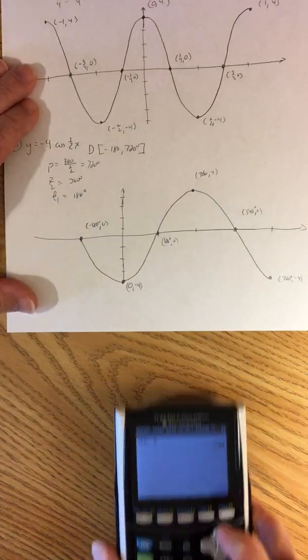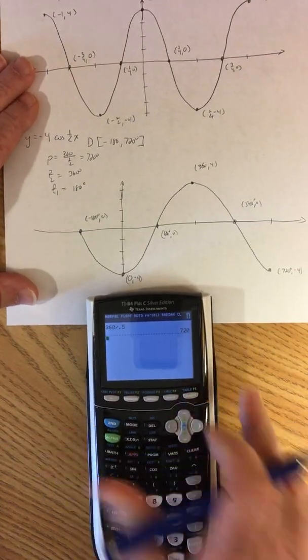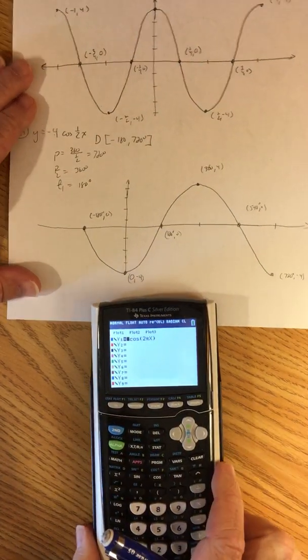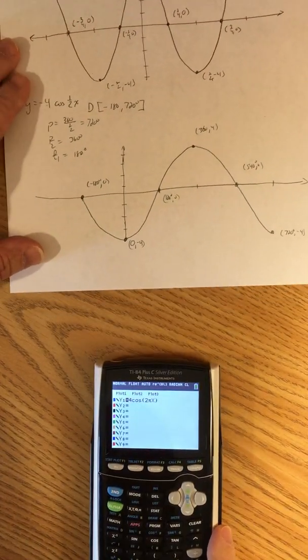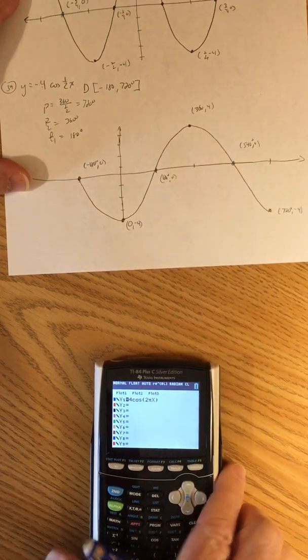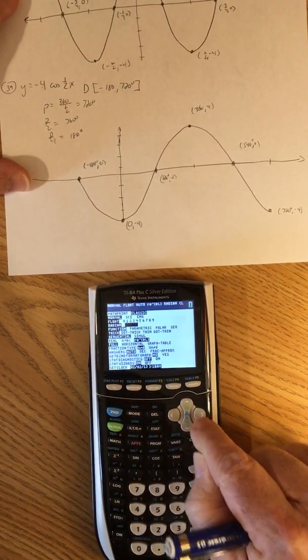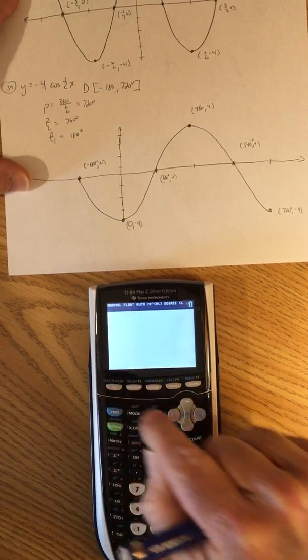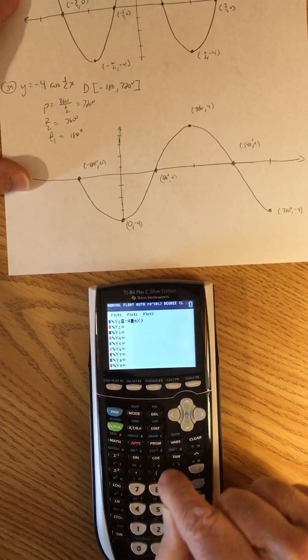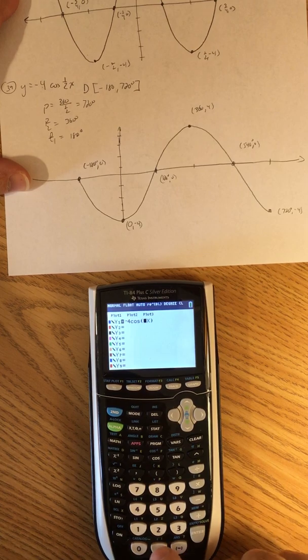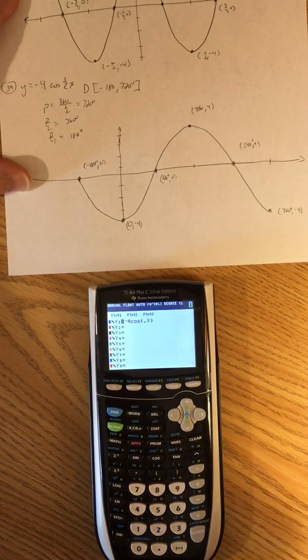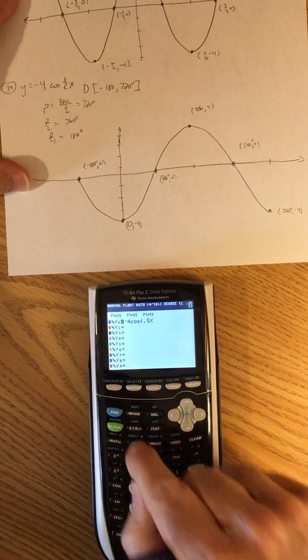Move this up a bit. Again, first thing you do is make sure I'm in frame here. Check your mode. In this case, this is going to be a degree, so we're going to change that back to degrees. Negative 4 cosine. We can use 0.5 here because 1/2 is a terminating decimal, so 0.5 x.